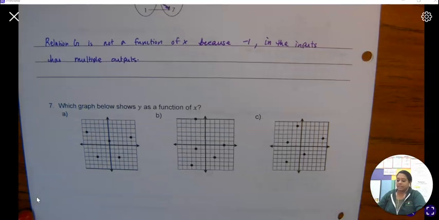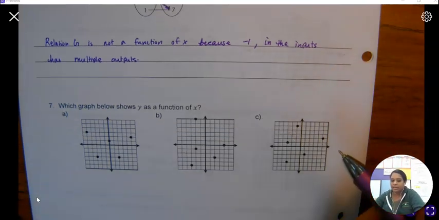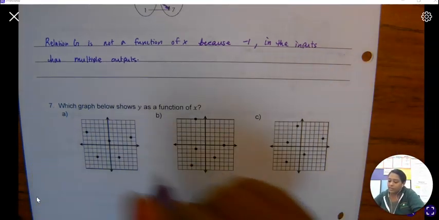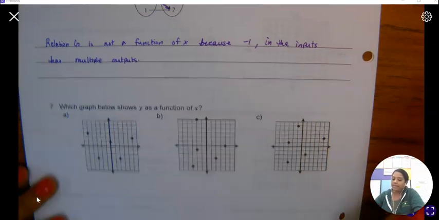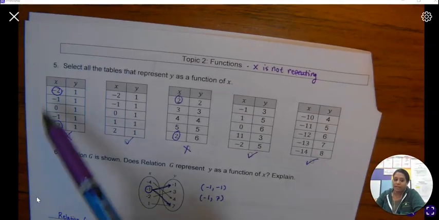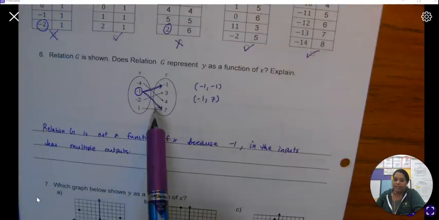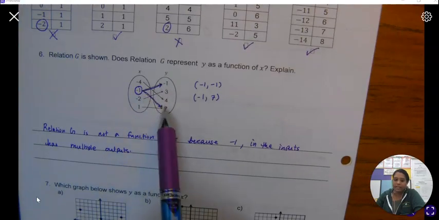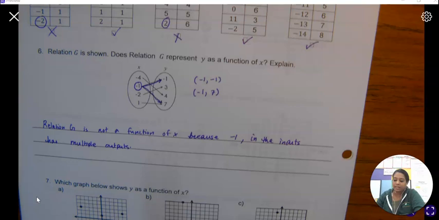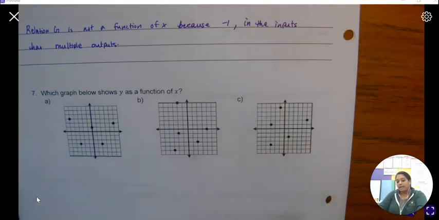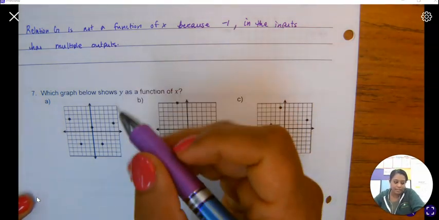Number 7, it says which graph shows y as a function of x. When you're given a graph, again, remember, for a table, you look for x repeating. For mapping, you look to see if x has two different outputs. For a graph, what you're going to do is draw vertical lines.